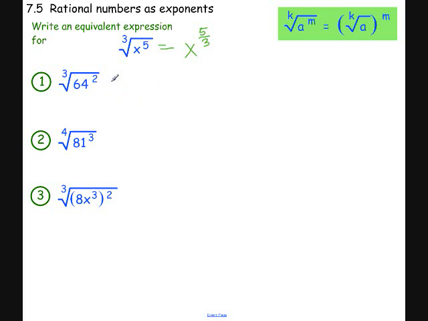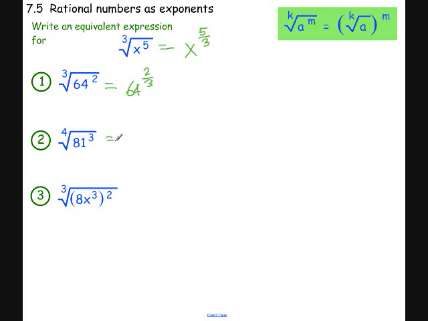Let's try this, just rewriting this. This would become 64, and my power goes in the numerator, which is 2. My root goes in the denominator, which is 3.